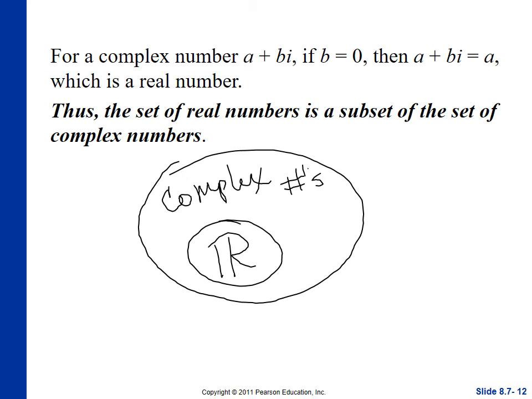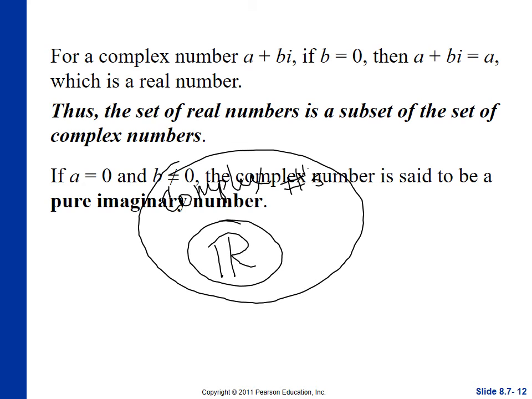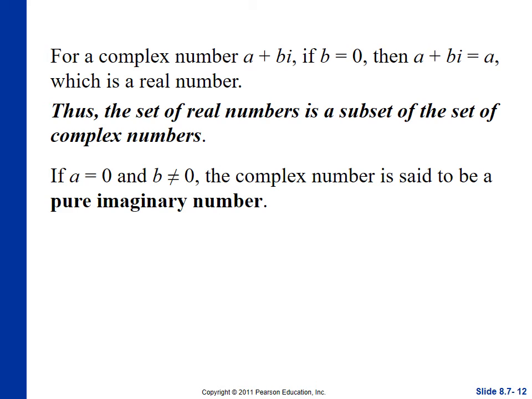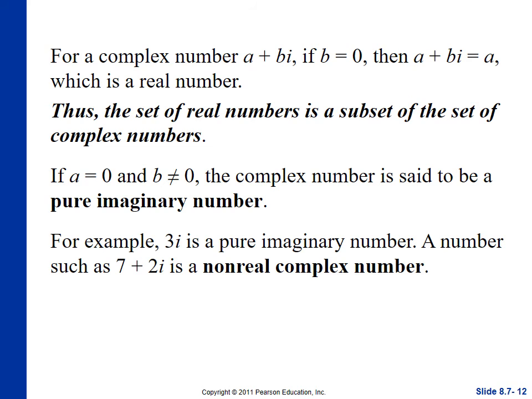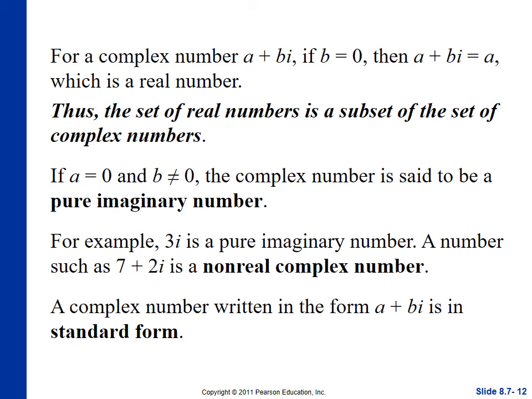And if a is equal to 0 and b is not equal to 0, the complex number is said to be a pure imaginary number. So for example, 3i is a pure imaginary number. A number such as 7 plus 2i is a non-real complex number. So a complex number written in the form a plus bi is in what we call the standard form.